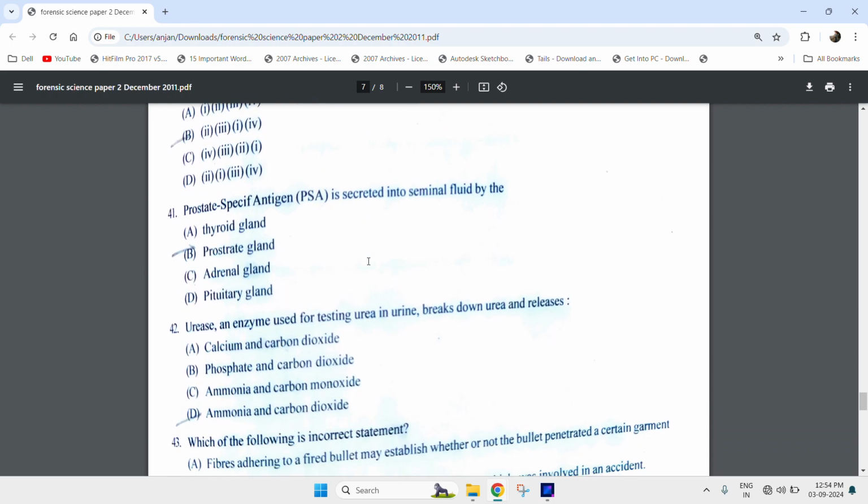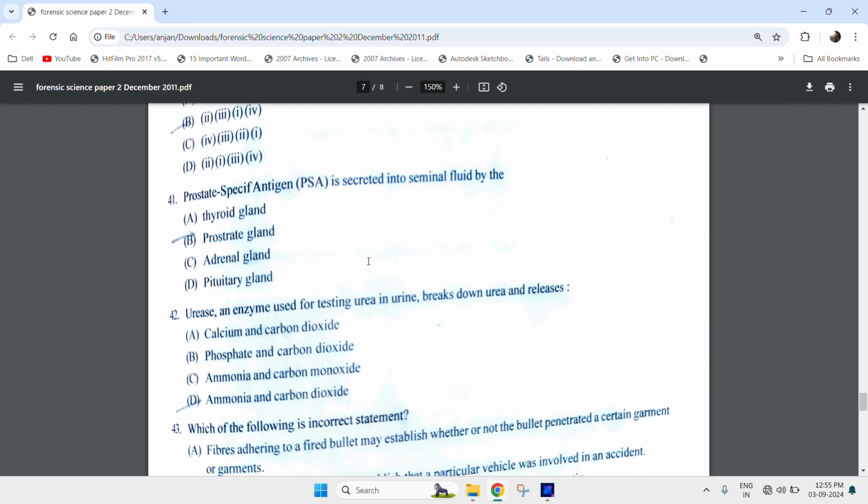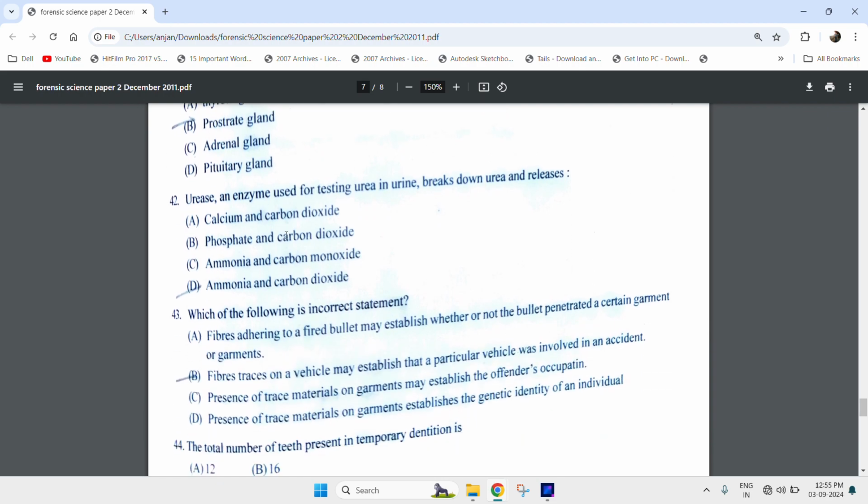Prostate specific antigen PSA is secreted into seminal fluid by the prostate gland. Urease, an enzyme used for testing urea in urine, breaks down urea and releases ammonia and carbon dioxide.